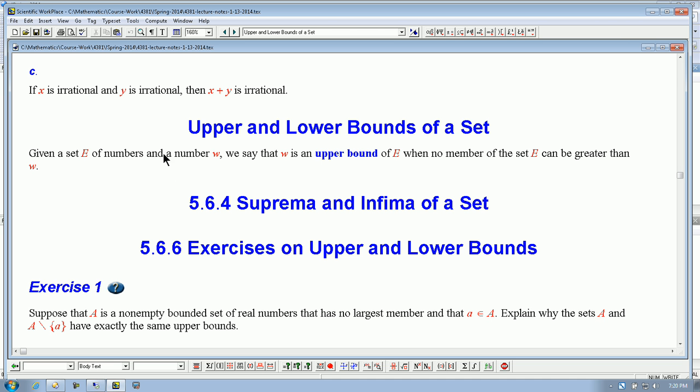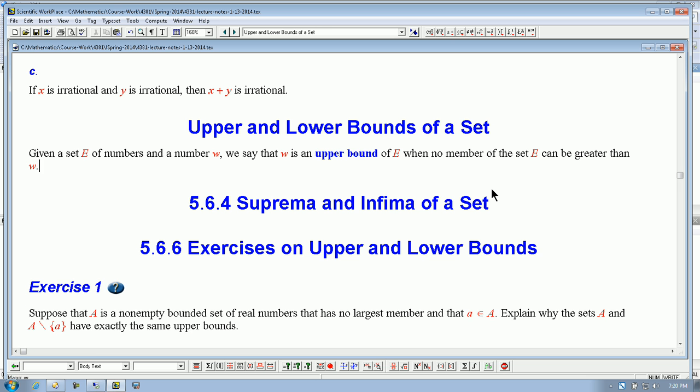A number W may or may not be what we call an upper bound of a certain set. May or may not, right? What makes a number qualify to be an upper bound of a set? That no member of E can be greater than W, right?